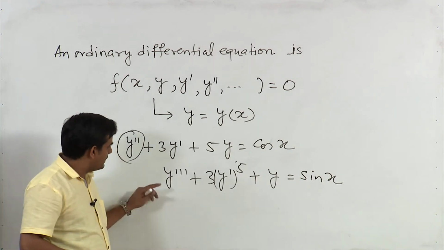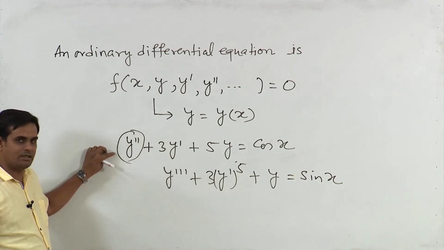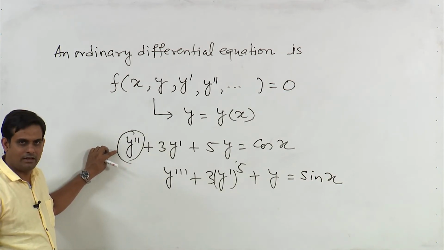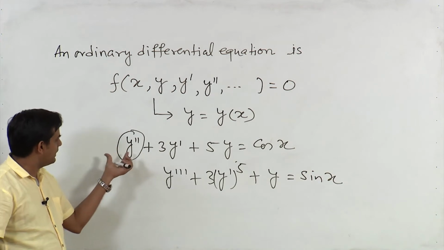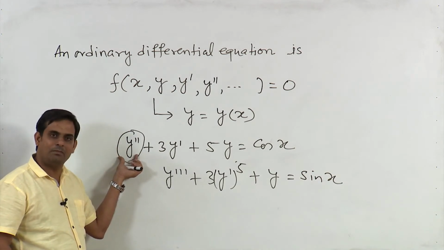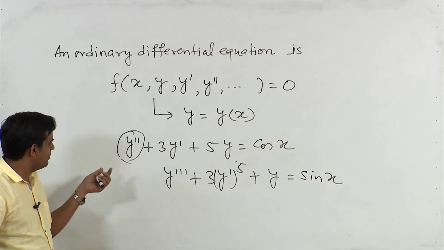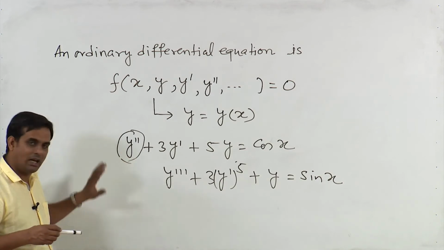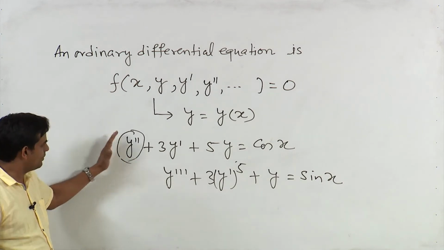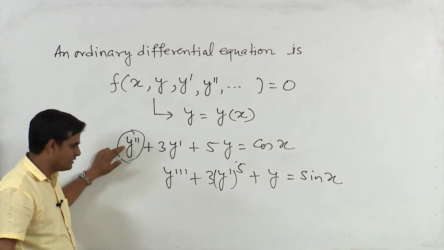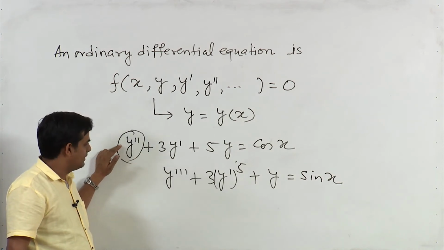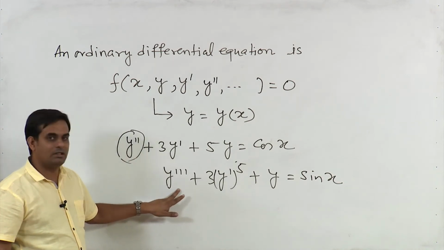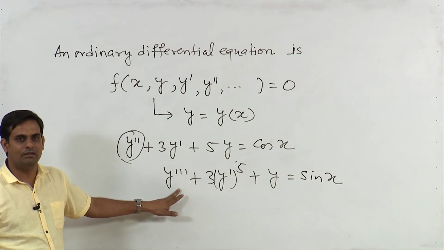So for example, the degree of this differential equation is 1, because here the highest order derivative is y double prime and there is no square root type of term in this equation on the dependent variable, and hence the degree is 1. The degree of this differential equation is again 1.